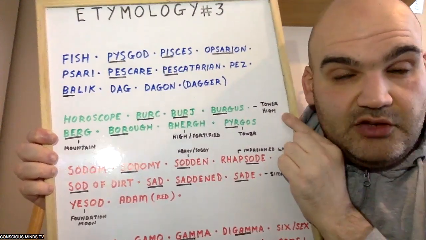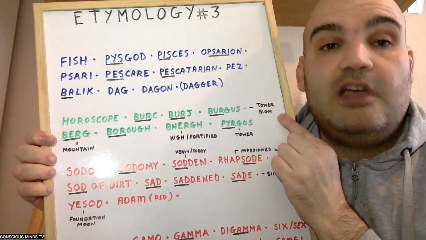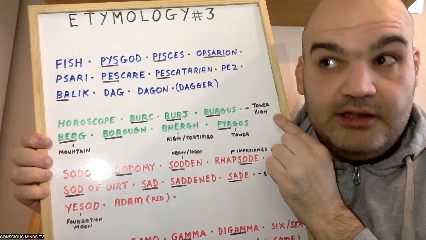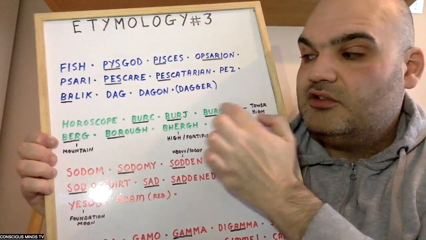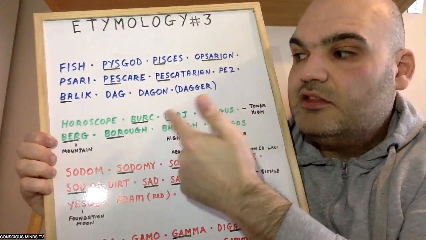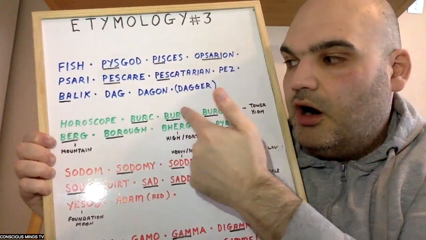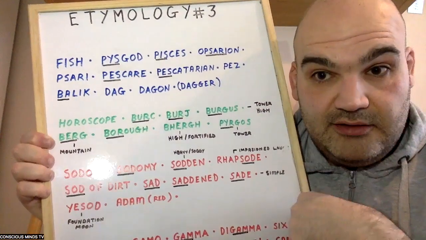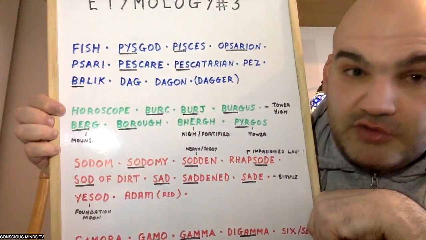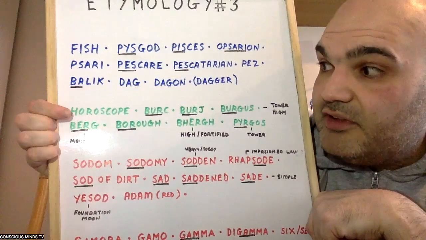That's really interesting because we know the zodiac and the stars are high in the sky. So you can see why they would use the word for tower or high for the horoscope, basically.